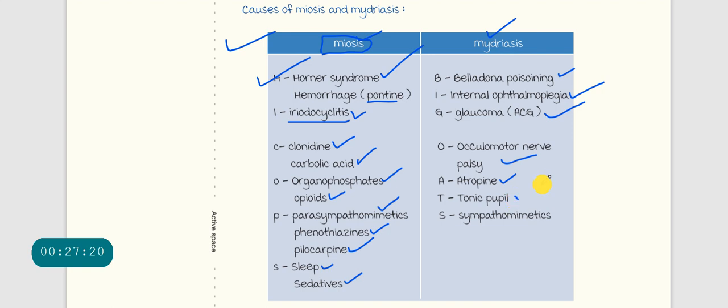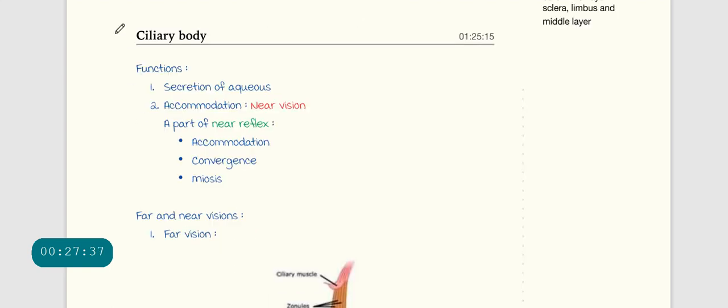The next is the ciliary body. We have discussed the ciliary body in the previous topics also. The anatomical part has been discussed previously, and now we have to discuss the functions. The first function is secretion of aqueous, as we studied, the ciliary body is the one that produces aqueous.